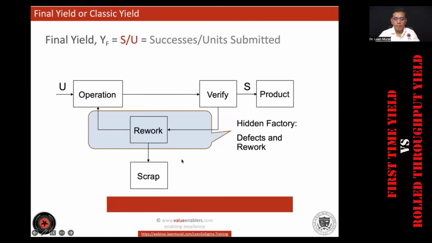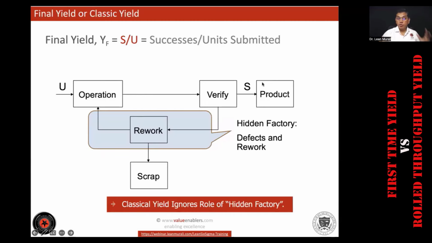Good. Now, the classic yield, or in other words the final yield, ignores the role of the hidden factory. It only checks how much at the end has come out well. It ignores the role of the hidden factory.